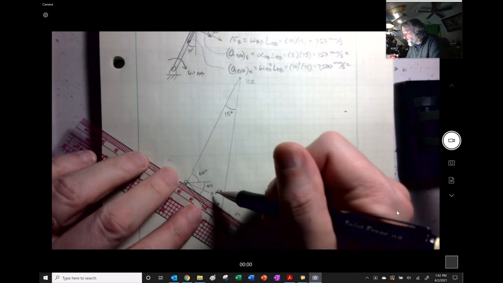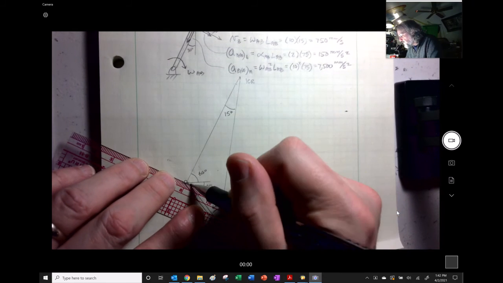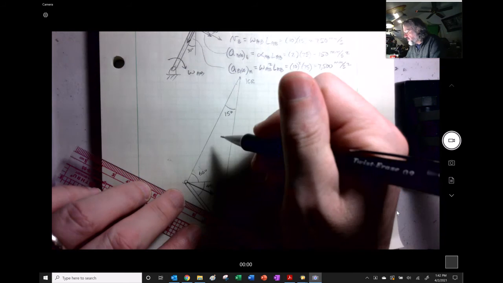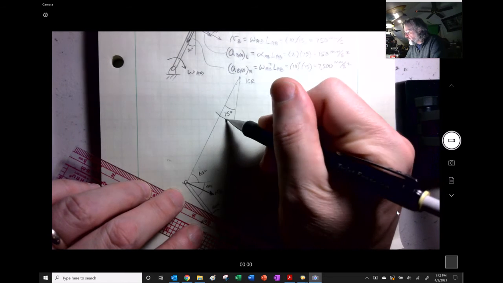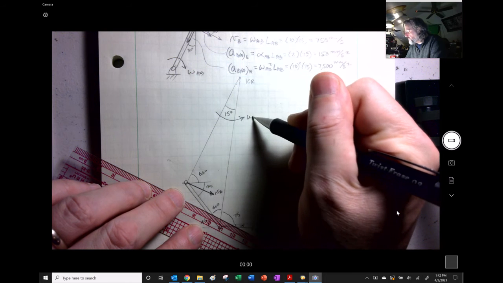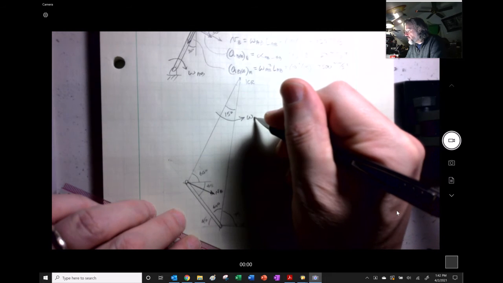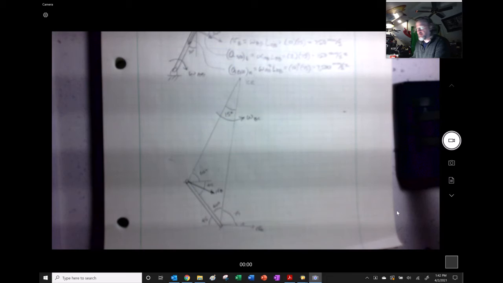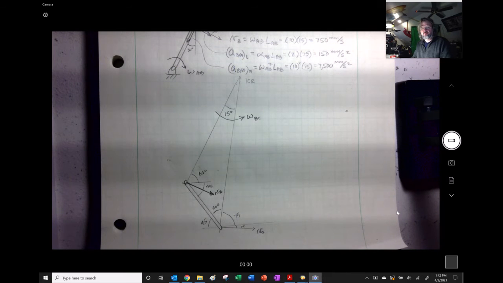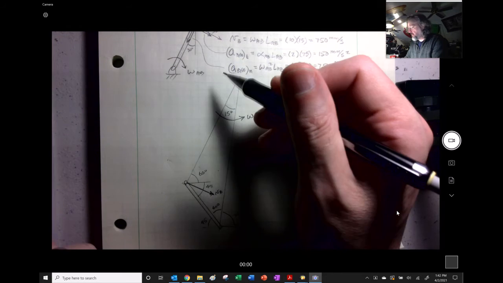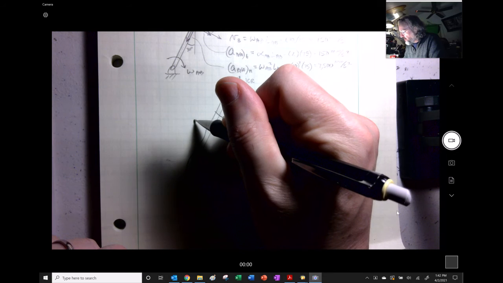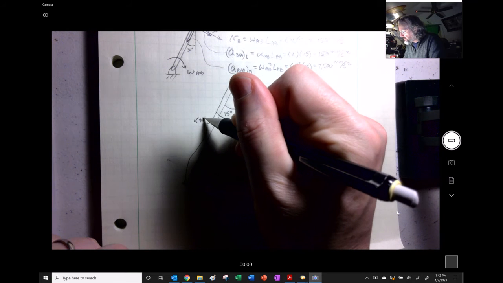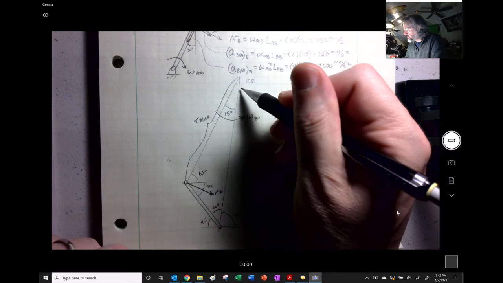So I see that the velocity that I know, and I'll make it a little darker. The velocity that I know is VB, so we're going to have an angular velocity of omega BC. That's going to be right here. And my RB with respect to ICR is right here.